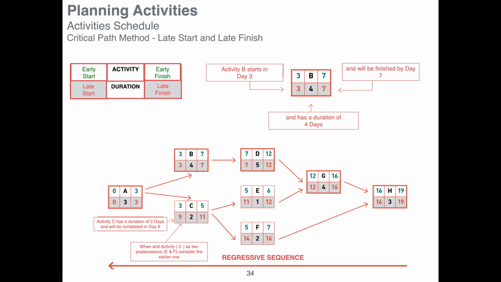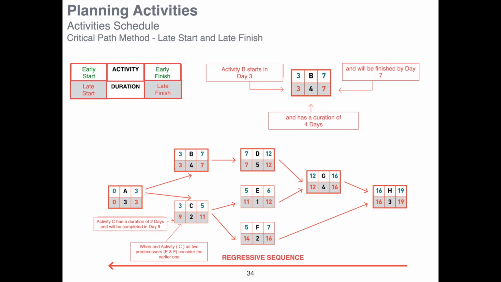We use the earliest date possible. So it means that for activity C, the earliest date possible to be completed is day 11. 11 and 14. So activity C goes here, the lowest value, 11, minus 2, 9.